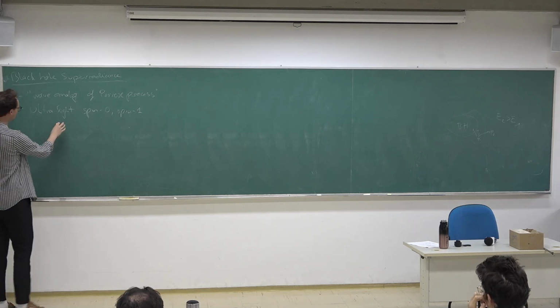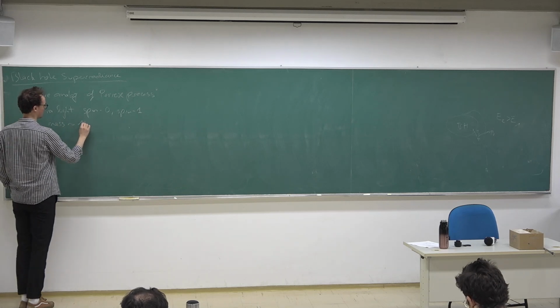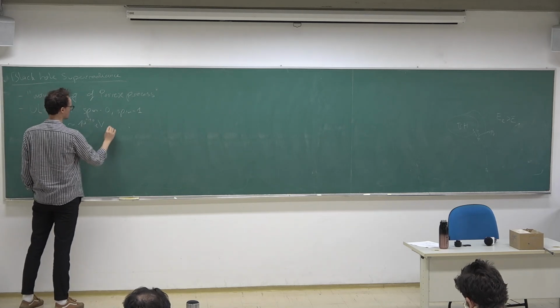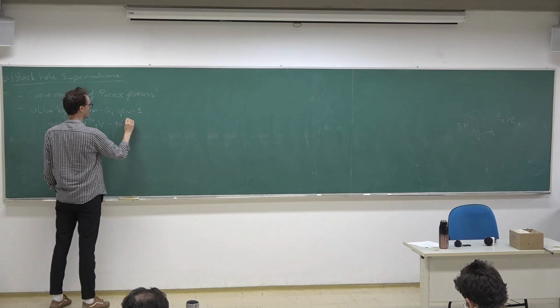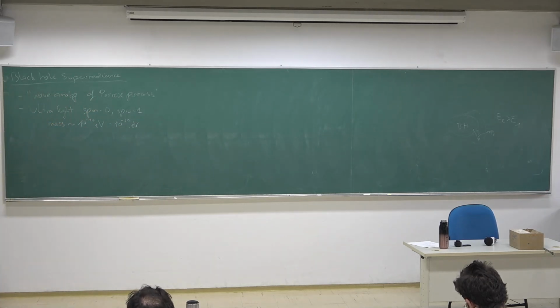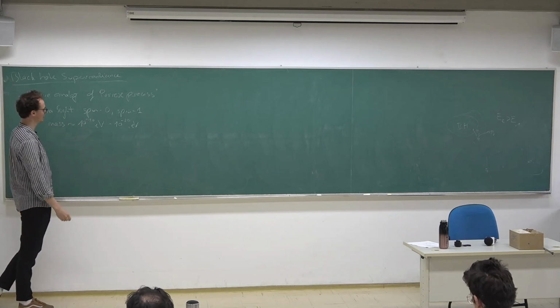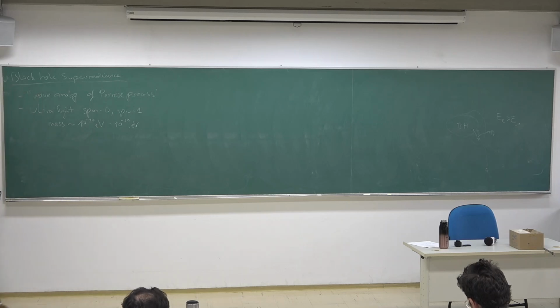And what I mean by ultralight is masses of about 10 to the minus 10 electron volts to 10 to the minus 20 electron volts. If you think of the standard model, typical masses there are of order MeV or larger, so this is very, very light in comparison.